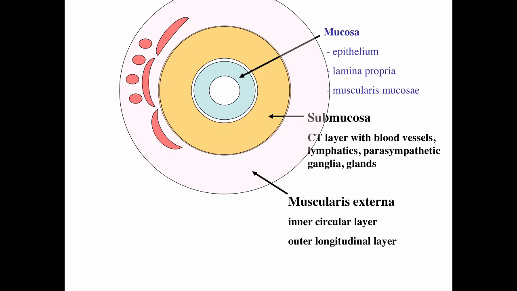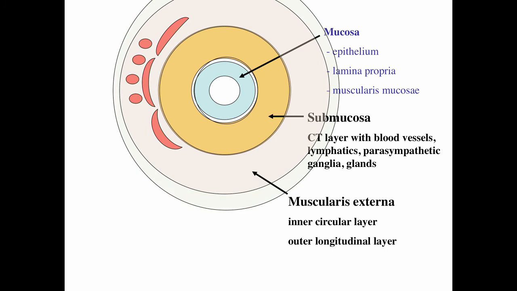We'll talk about that. The muscularis externa is always an inner circular layer and an outer longitudinal layer, with the exception that in some portions of the stomach you pick up a third middle layer of smooth muscle that's a little bit more oblique. You'll see that in the laboratory.